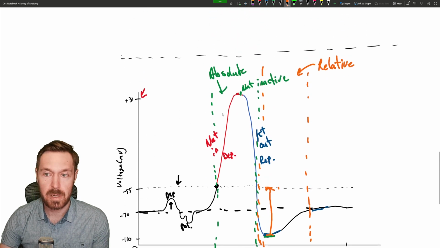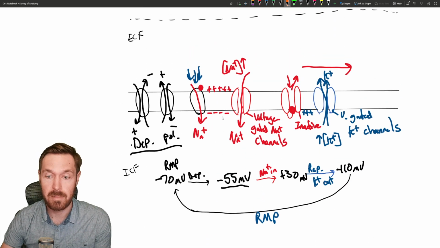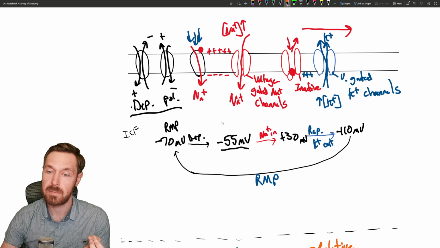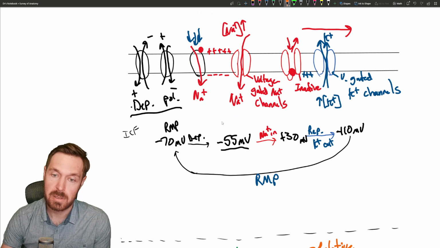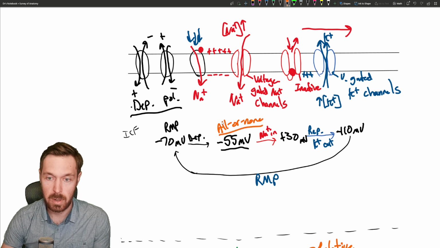Okay, so this was a very, very quick and dirty summary of this event. There are a lot of other little nitty-gritty details in here, but the key thing is that an action potential is all or none, meaning you're either going to fire an action potential or you are not. And we have this threshold here that determines that.